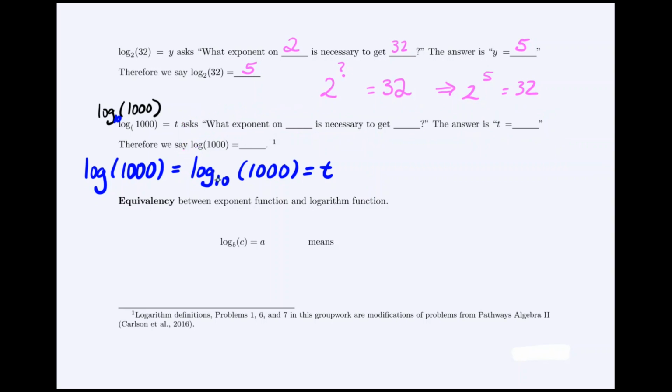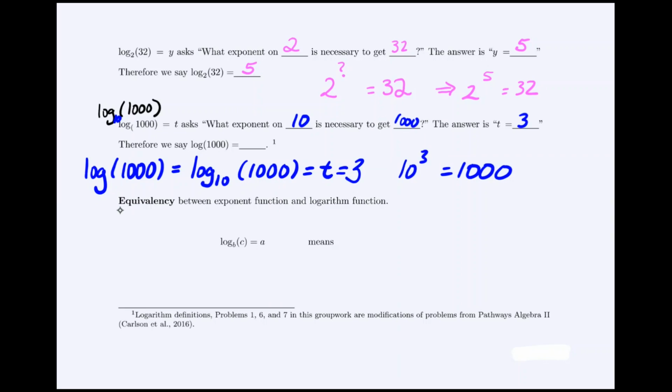So what exponent on 10, the base, is necessary in order to end up with what we have as the input, 1000? So 10 to what power would give us 1000? As we think through the powers of 10, we would realize that's 3, because 10 cubed equals 1000, so the value of t that we were looking for here is 3.